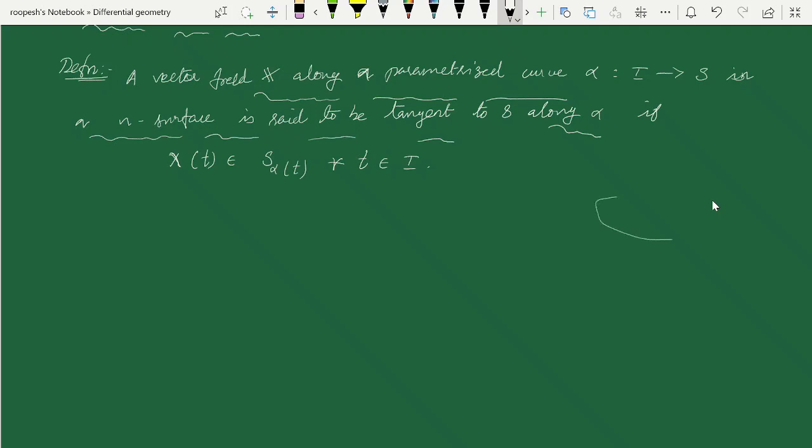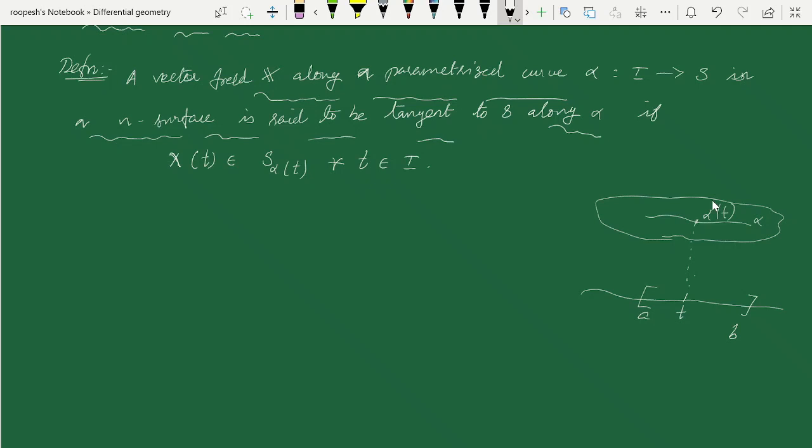So you are having a surface over here and here the interval AB. Now from AB we are having a curve, so this is your alpha. You take a t over here, and corresponding to that t you have the image alpha of t.